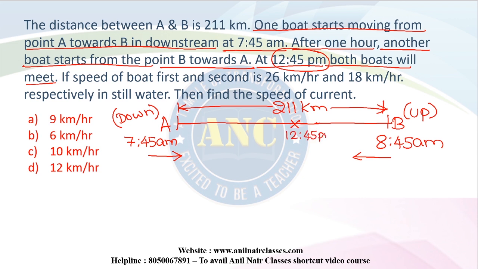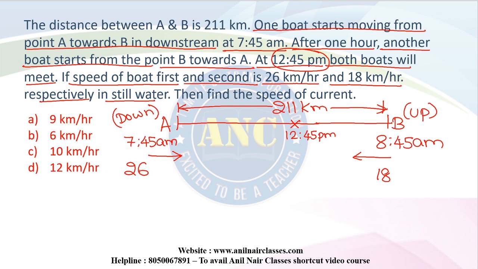They both will meet. Now, the speed of the first boat and the second boat is 26 and 18 kilometers per hour respectively in still water. First boat in still water, it is 26. Second boat in still water, it is 18. Find the speed of the water current.